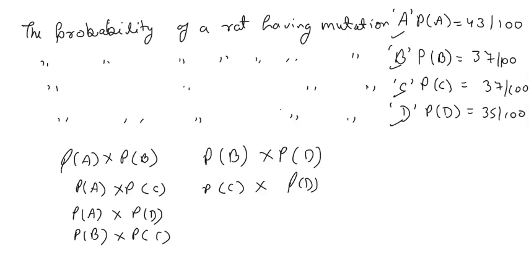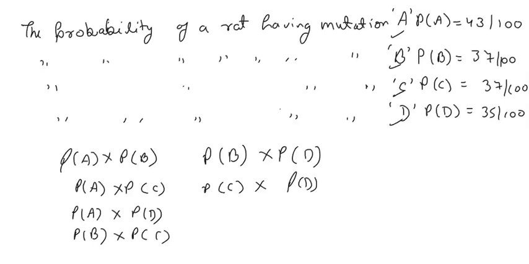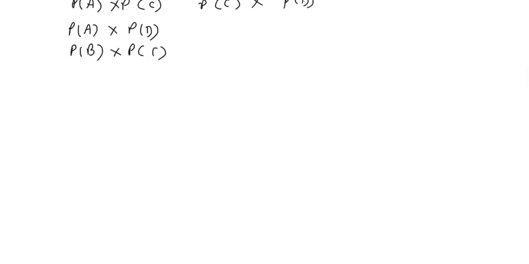Now putting all these together and doing the sum to find the exactly 2 rats having the genetic mutation.